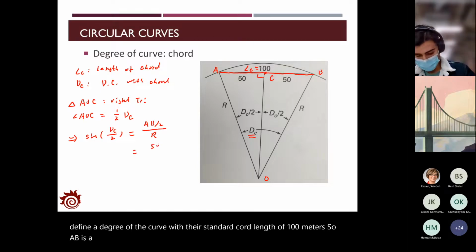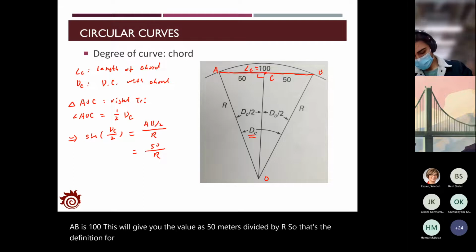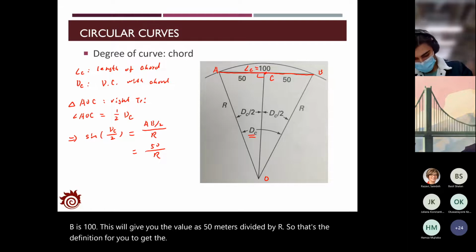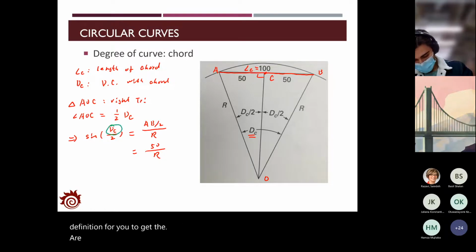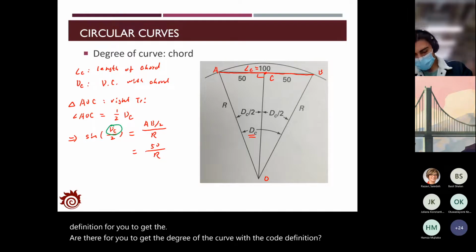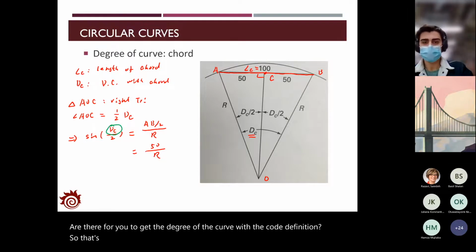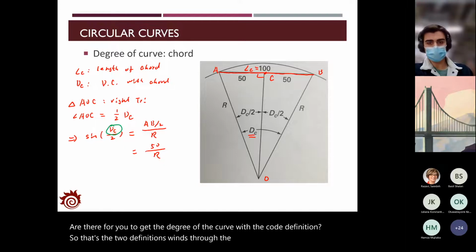This will give you the value of 50 meters divided by R. So that's the definition for the degree of the curve with the chord definition. So those are the two definitions. One is through the arc length, the other one is through the chord length.